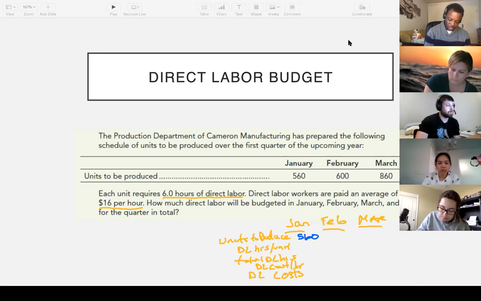So we plan to produce 560 units in January, 600 in February, 860 in March.